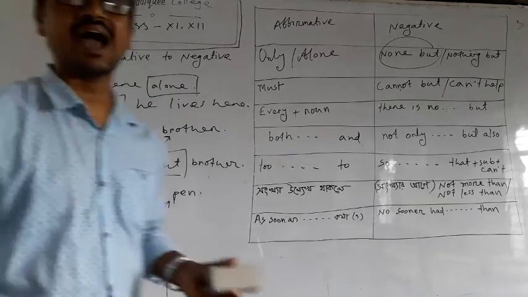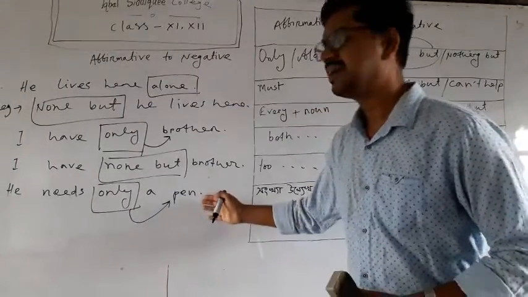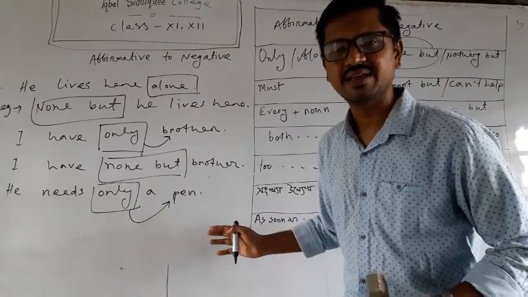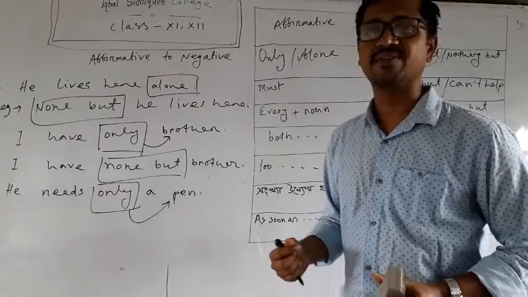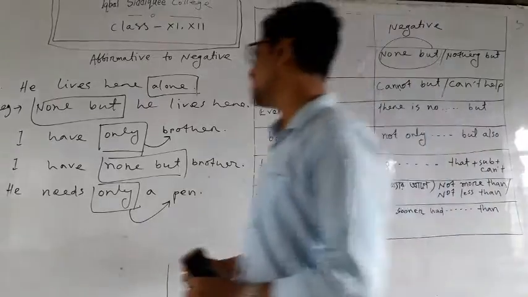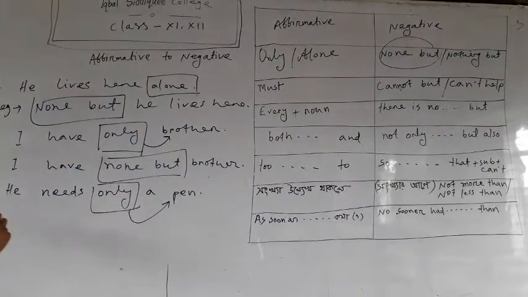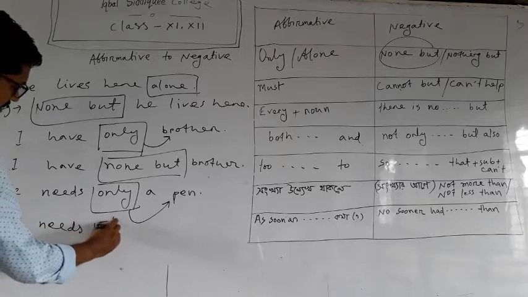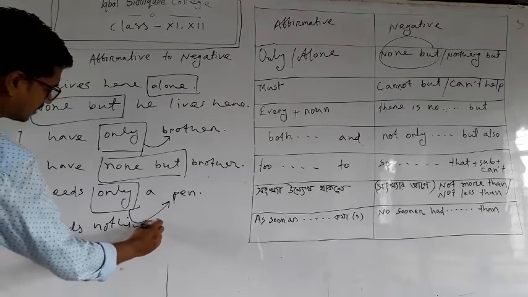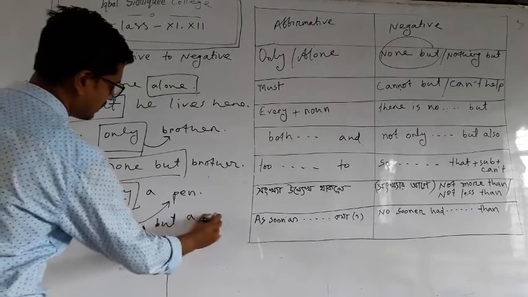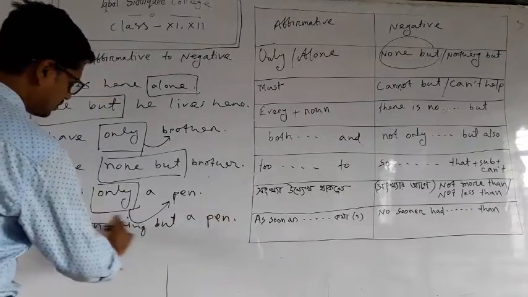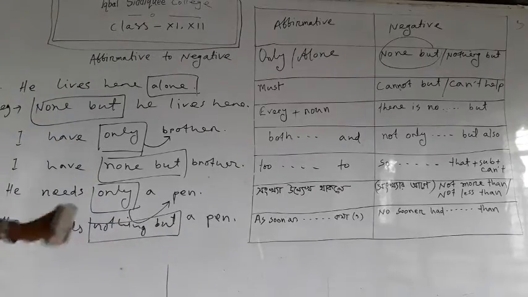I want to ask you, is a pen a human being? No, you never say it as a human being. So we don't use "none but." We will use "nothing but." He needs nothing but a pen. So you see, we used "nothing but."